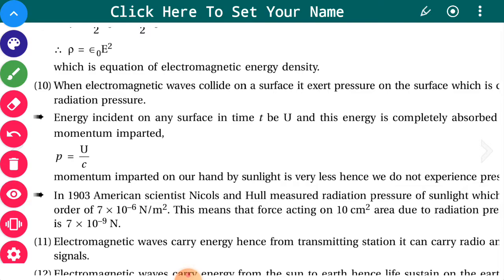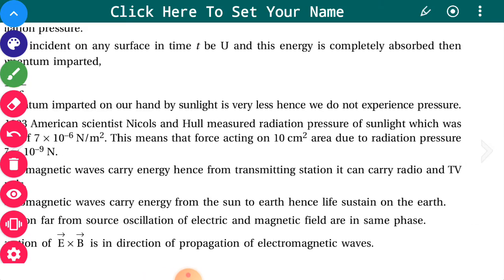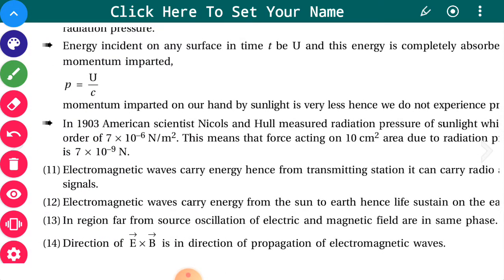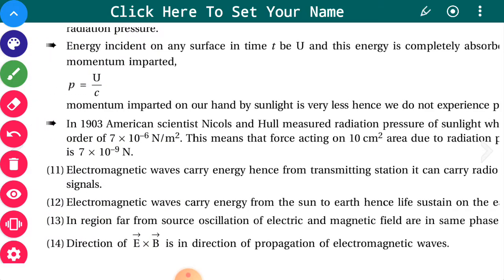So momentum imparted when energy U is incident, that is P is equal to U upon C. 11th property, electromagnetic waves carry energy, hence from transmitting station it can carry radio and television signals. These electromagnetic waves carry energy from the sun to earth, hence life is sustained on the earth.